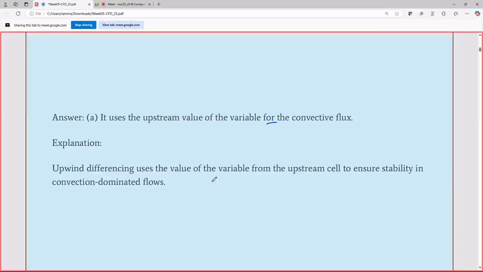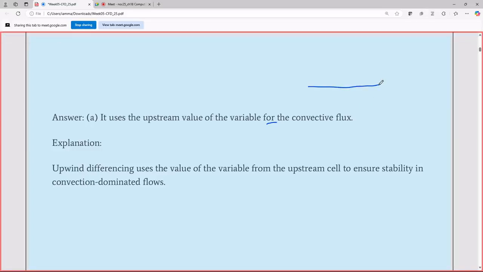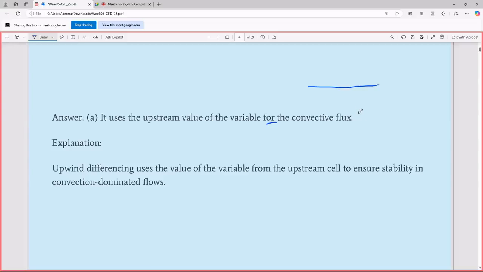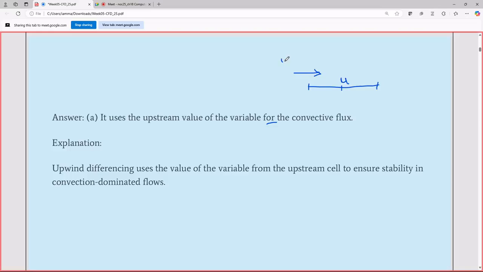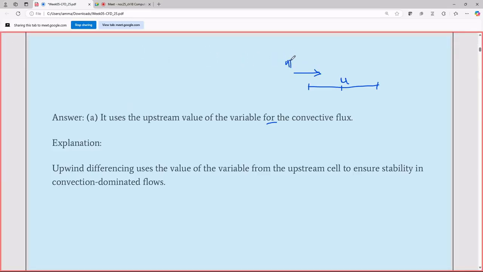Meaning, in an upwind differencing scheme, suppose these are three nodes. For a particular node, in the upwind scheme, this is the upwind side and this is the downwind side.